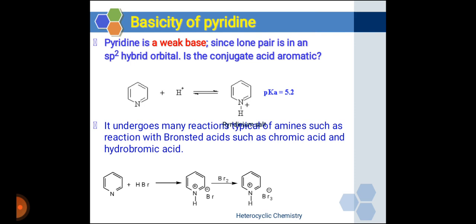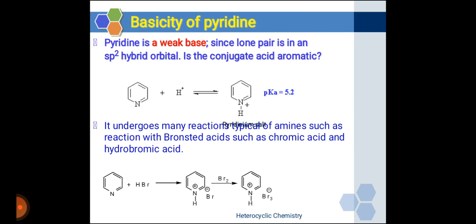The nitrogen becomes positive in nature, and that positive terminal reacts with bromine. So N has a positive charge, Br has a negative charge. Again it reacts with Br2 to form Br3 minus.